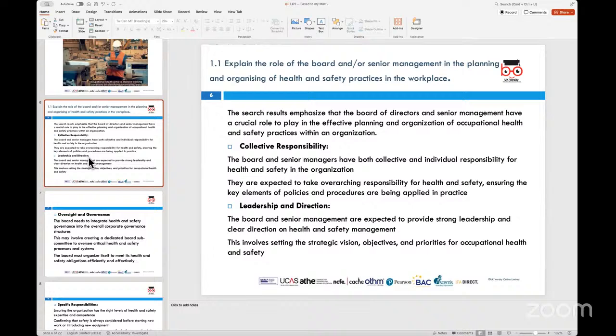That means there would be a chief health and safety officer if it's a large organization. In smaller organizations, it could be the health and safety manager, but there would be somebody in a management position who is responsible for the creation of these standards, ensuring that policies and practices are in place, up to date, and being followed, and that regular training is done in the organization.